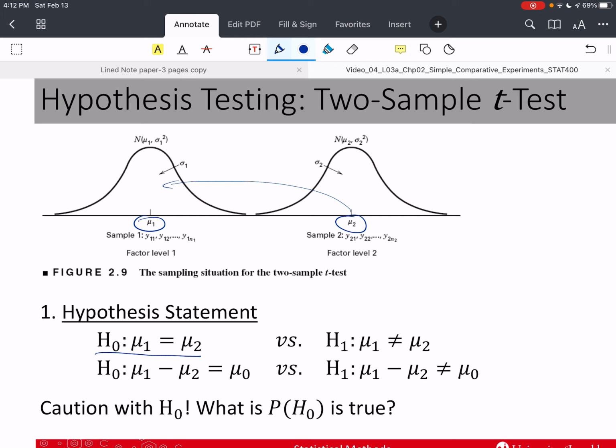Now, since we have the possibility of 2 different variances, or standard deviations, the way it's written there, even if they have the same means, one of the distributions might look like that compared to the other. So they could have the same mean, but not necessarily the same variance.